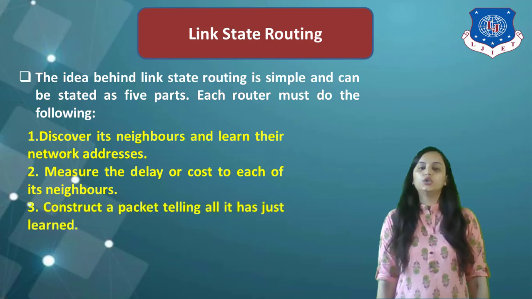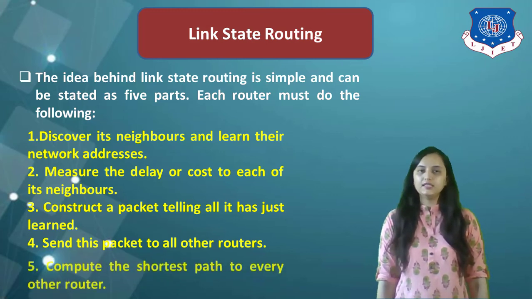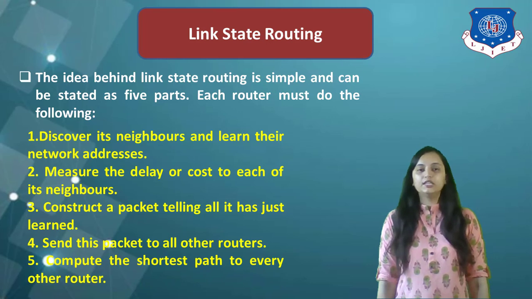Third, construct a packet telling all it has just learned. That means whatever values it has learned, it has to construct a packet according to that. Fourth, send this packet to all other routers. And the last is to compute the shortest path to every other router according to this information.